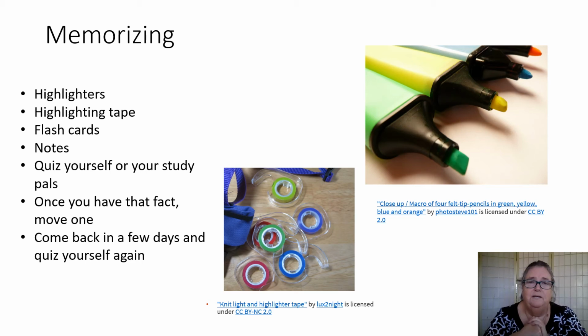So there are lots of mnemonic devices out there for parts of the body. Some of those are obscene, but if they work for you, you can look them up and use them.